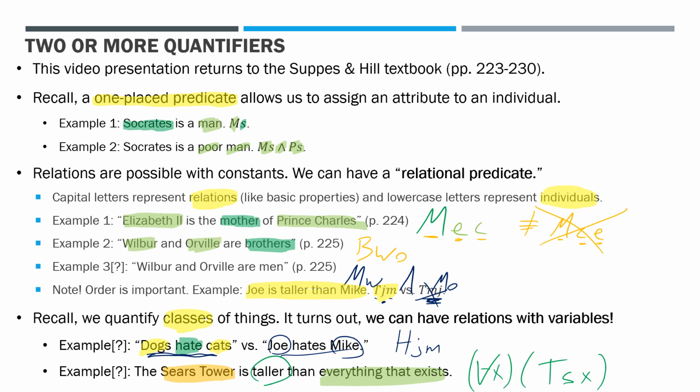So that would be saying the Sears Tower is taller than the Sears Tower? That doesn't really make sense. So we really have to modify this, and we have to specify that x cannot be the Sears Tower to make that a better translation. And obviously the Sears Tower is not taller than everything that exists. That's not a true statement.